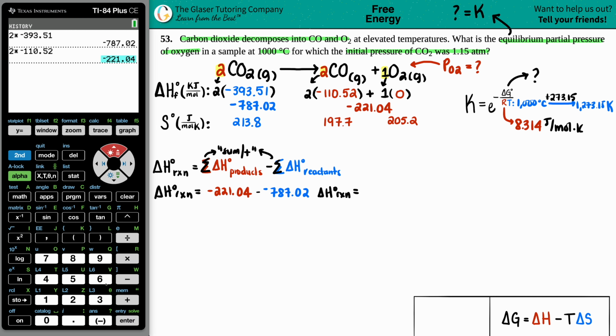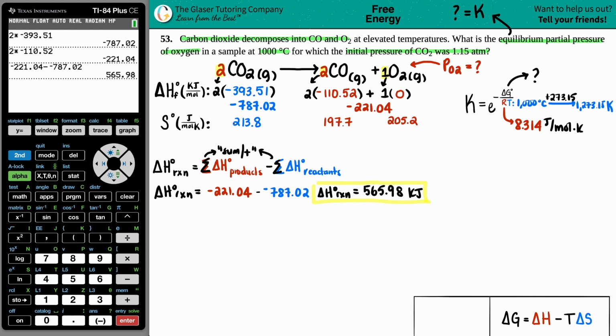I love the TI-84 because I could just go up and press enter to grab the whole values. So that minus this number. And I get 565.98. The units here would be kilojoules because the numbers that you multiplied, the coefficients, those are moles. So the moles cancel out. So this is just kilojoules. And we got one component.